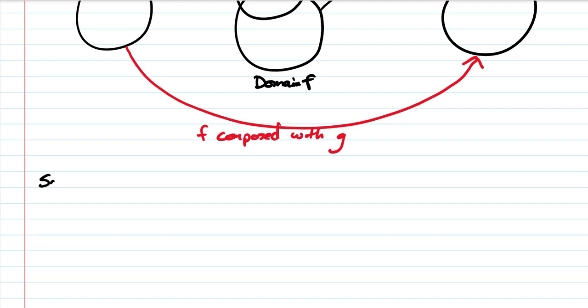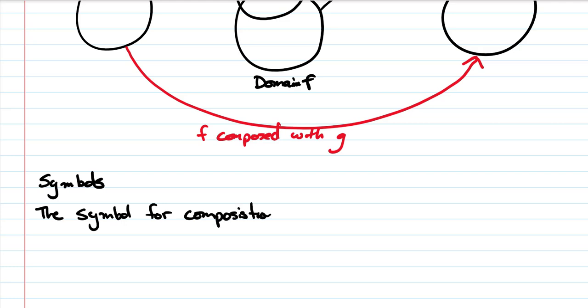So the first thing we need to talk about are some symbols that go along with this. So the symbol for composition is a circle centered on the line.